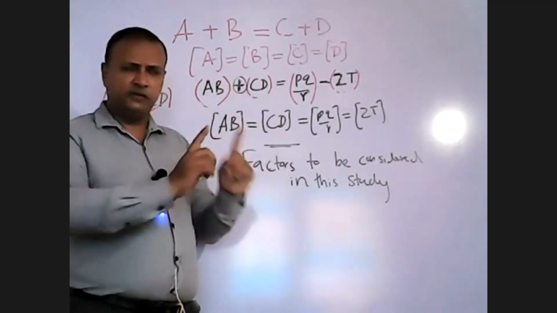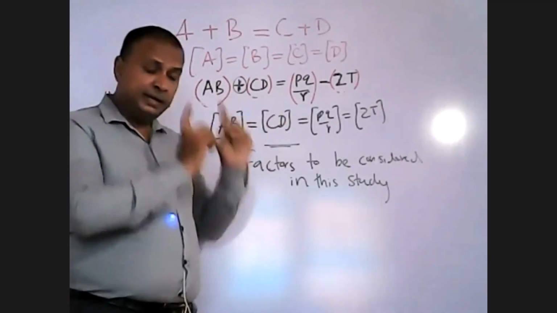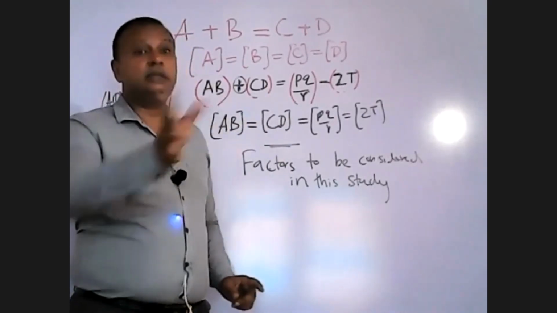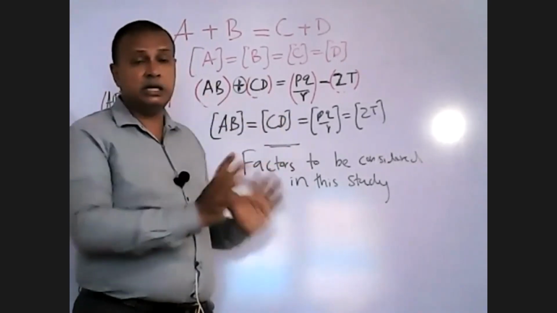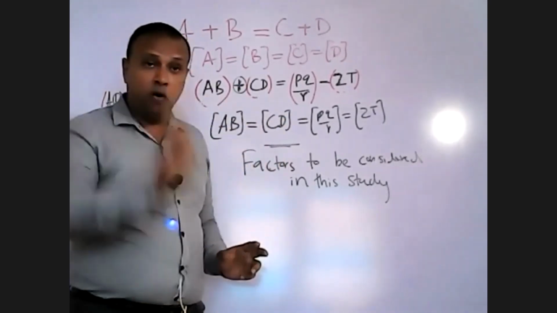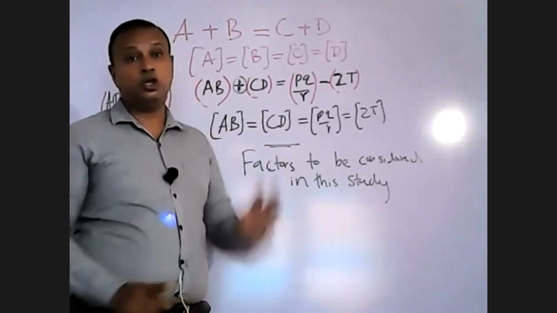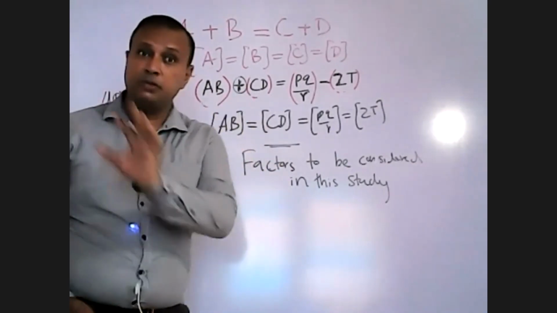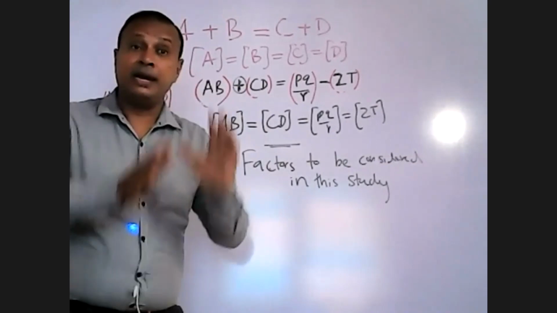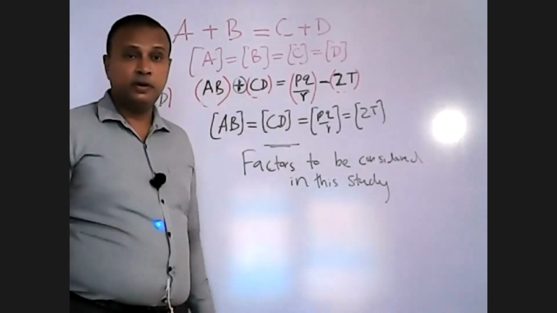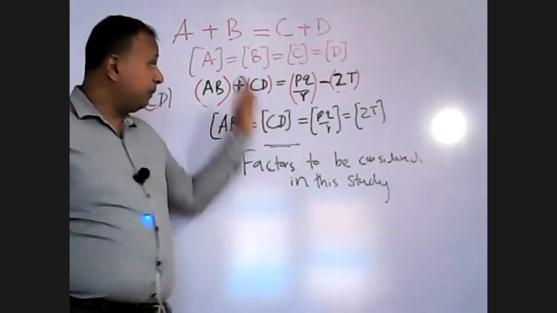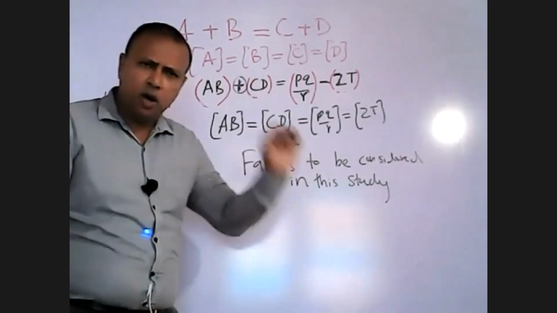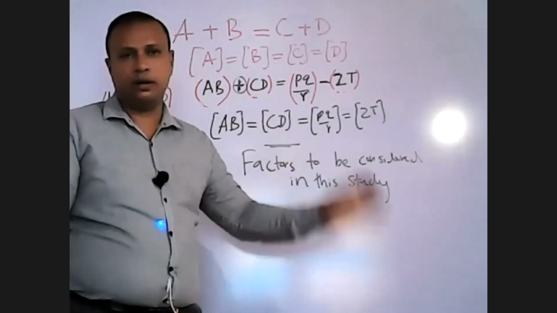If there is an equation, and in this equation there are several terms, every term should have the same dimension, because we can add or subtract only the same physical quantities.